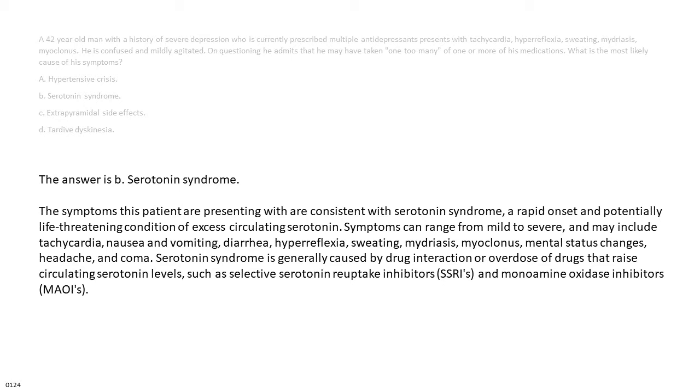Symptoms can range from mild to severe, and may include tachycardia, nausea and vomiting, diarrhea, hyperreflexia, sweating, mydriasis, myoclonus, mental status changes, headache, and coma. Serotonin syndrome is generally caused by drug interaction or overdose of drugs that raise circulating serotonin levels, such as selective serotonin reuptake inhibitors, SSRIs, and monoamine oxidase inhibitors, MAOIs.